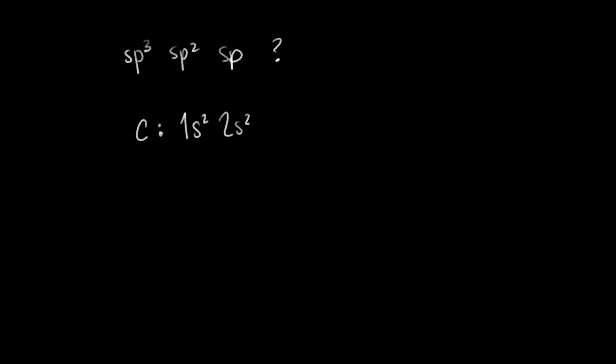We're also going to fill up our 2s2 subshell with electrons. And then we're going to fill up our p subshell on level 2 with just 2 electrons. We're not going to fill it up completely. The p can actually fit 6, so it's not full. And if we take a look at all of the electrons in level 2, that is a total of 4, and we know that carbon has 4 valence electrons, so that all checks out.